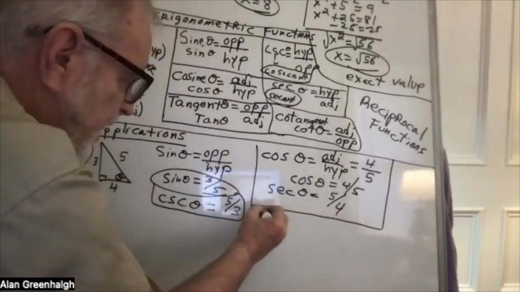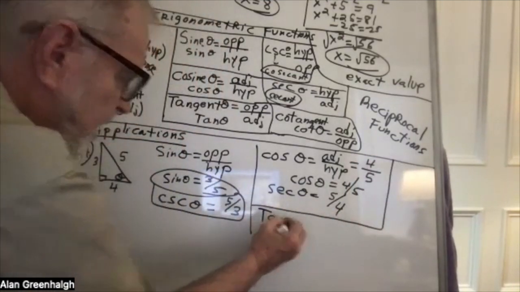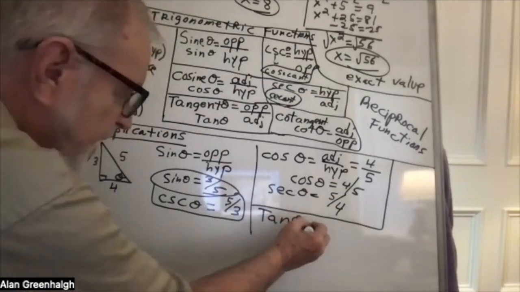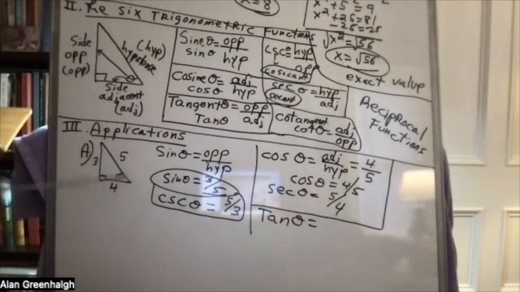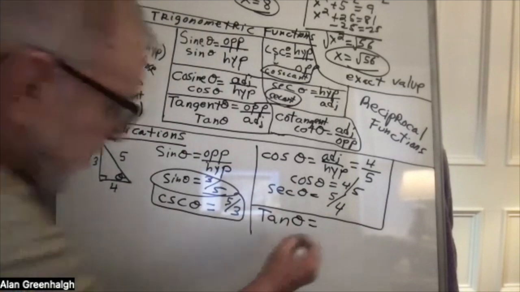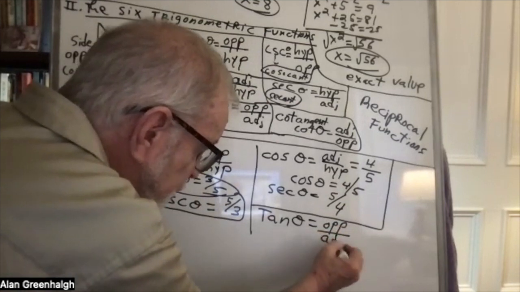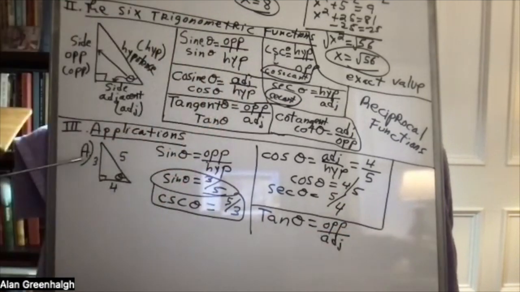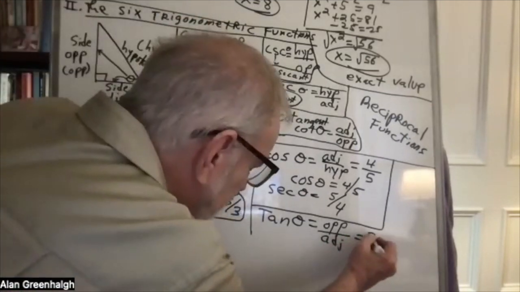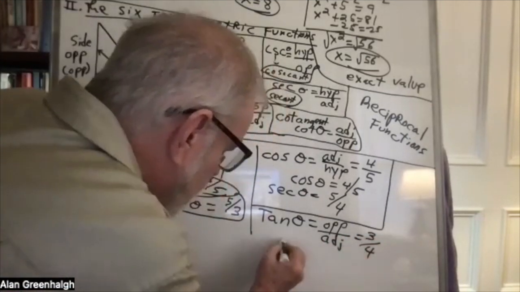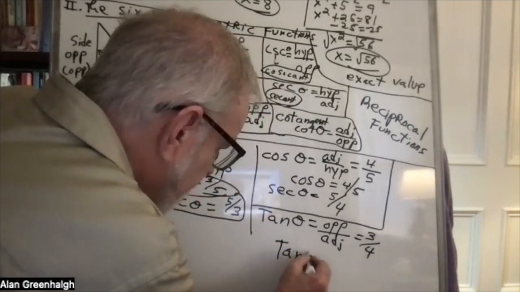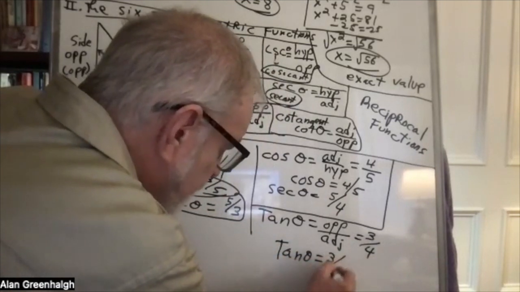And finally, let's look at tangent of theta. Tangent of theta is going to be opposite over adjacent, and therefore 3/4. Tangent of theta is 3/4.